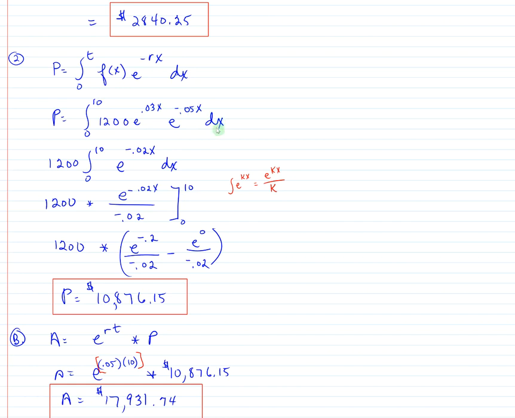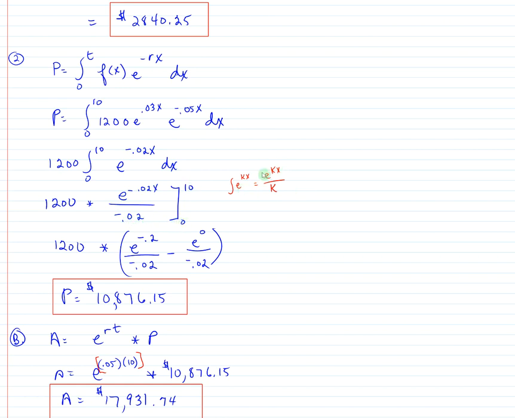If we're doing it by hand, we pull the 1200 through. If we multiply e times e, you add the two exponents and you end up with negative 0.02x. When you integrate, you have e to the negative 0.02x over negative 0.02, evaluated from 0 to 10.